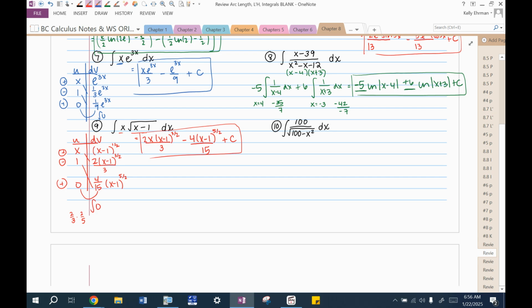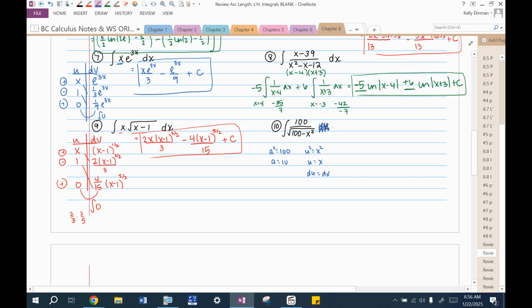Number 10, u sub won't work because there's no x to cancel out in the numerator. But I do see a difference of squares under a square root, so that should be an alert that you're doing arcsine. So a squared is 100. That means a is 10. U squared is x squared. U is x. Du is dx. Du dx is 1.